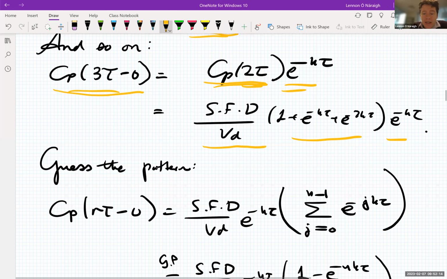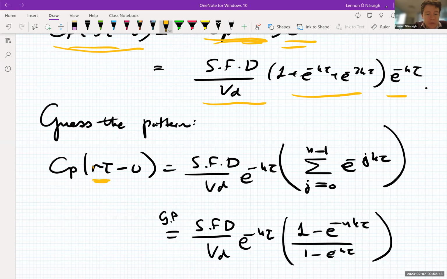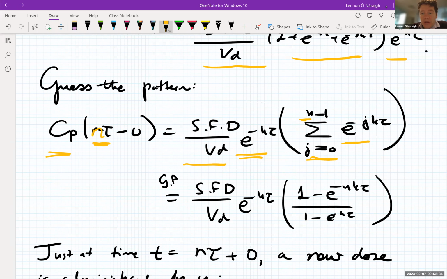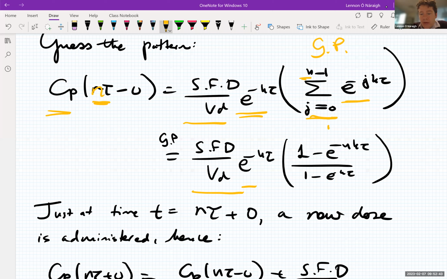And then I guess the pattern that at time n tau, the plasma concentration is SFD over Vd e to the minus k tau times a sum. And the sum here goes from j equals 0 to n minus 1, e to the minus j k tau. So I see this as a geometric progression, or a GP. So I use the formula for geometric progression to rewrite the sum in this way, with an e to the minus n k tau upstairs.